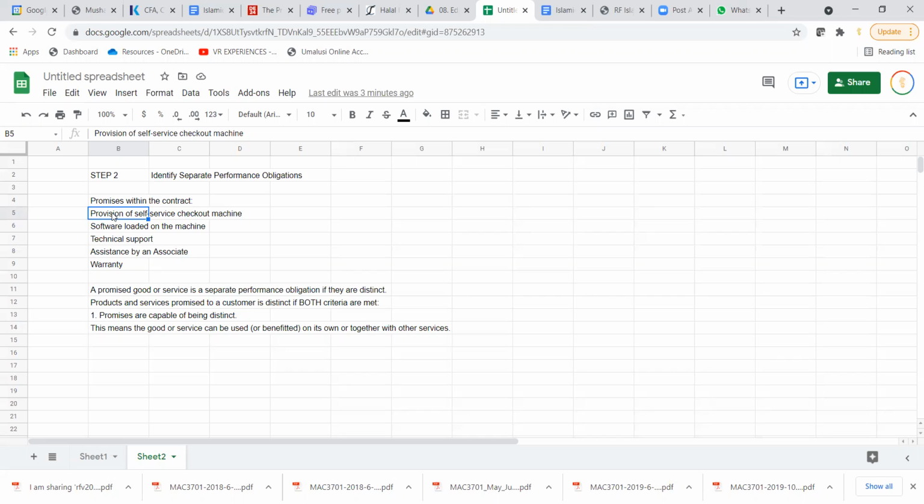So therefore, the provision of the self-checkout machine can be used on its own. Okay, so take note of that. Similarly, if I remember correctly, the software is sold separately by Gibela. Let me just check if that is correct. Cannot remember.